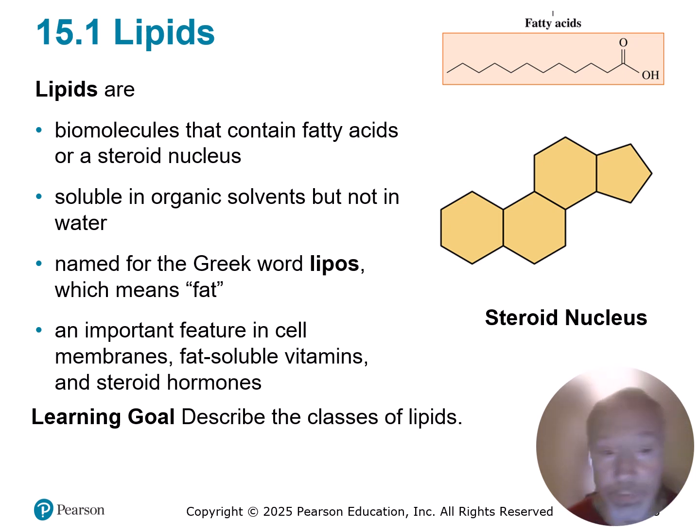Lipos means fat, from the Greek word, and it's very important in cell membranes, for fat soluble vitamins and steroid hormones. The difference between non-fat soluble vitamins and fat soluble vitamins is the body's retention. Fat soluble vitamins are often retained in the body for a much longer time than, say, vitamin C. Vitamin C is a little bit like sugar, and it is easily dissolved into the aqueous milieu.